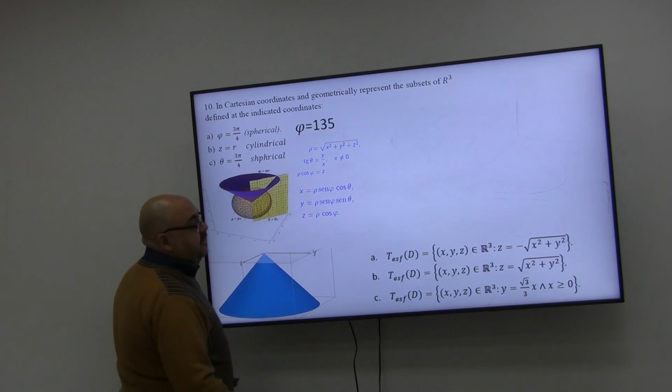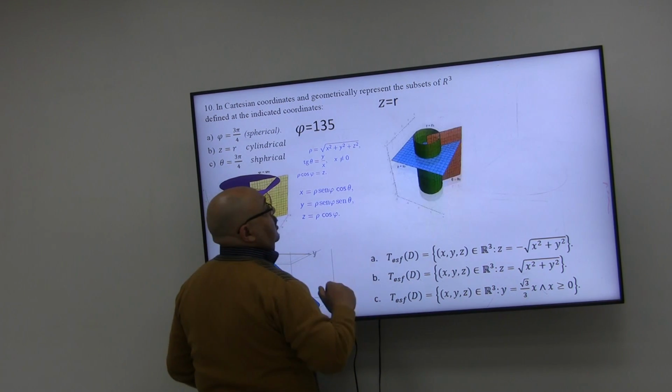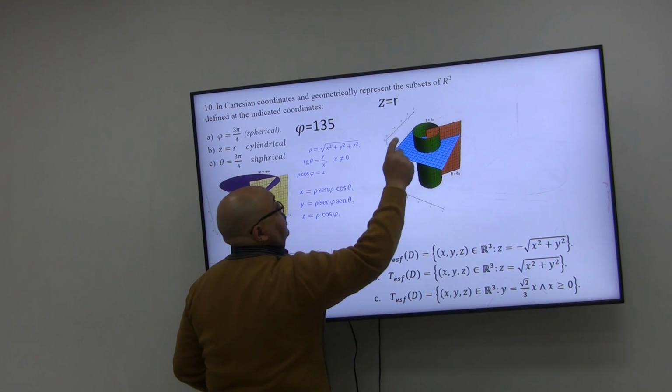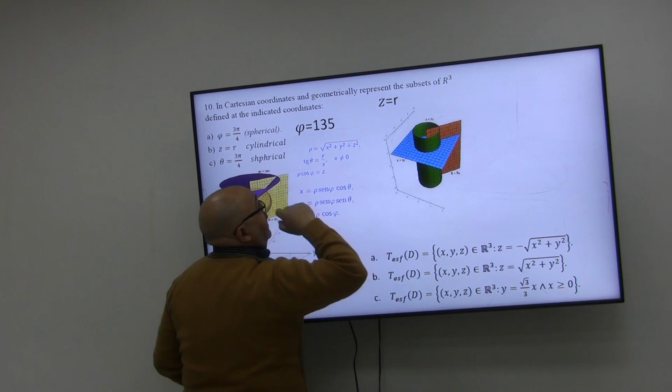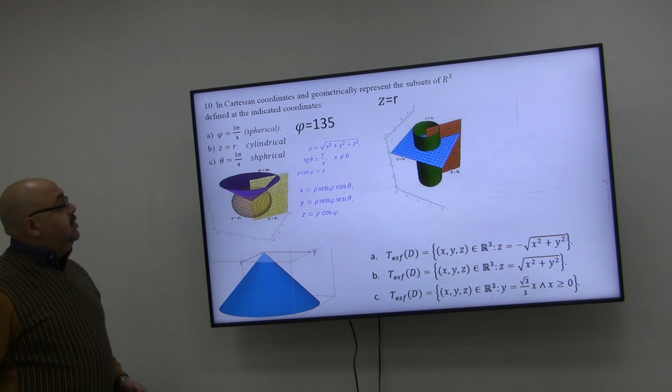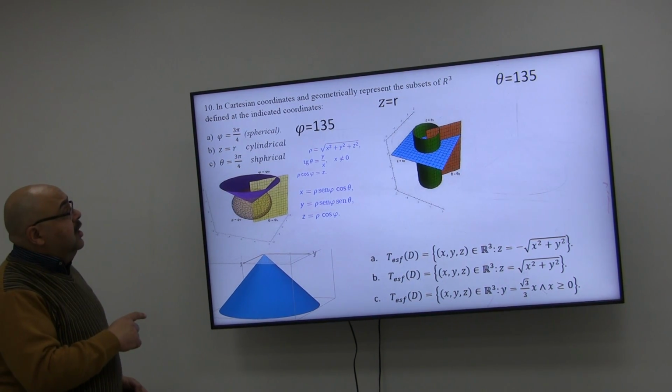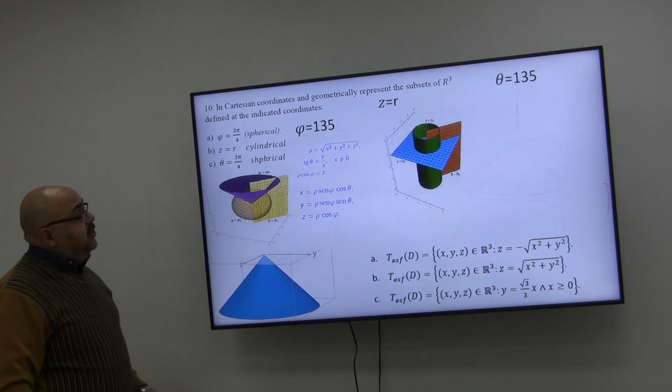If I'm talking about z equal to r, in cylindrical coordinates, I'm sorry, in spherical coordinates, it will be the sphere.